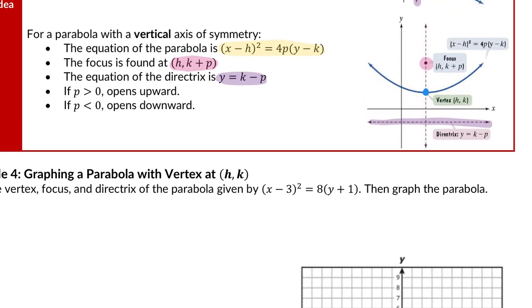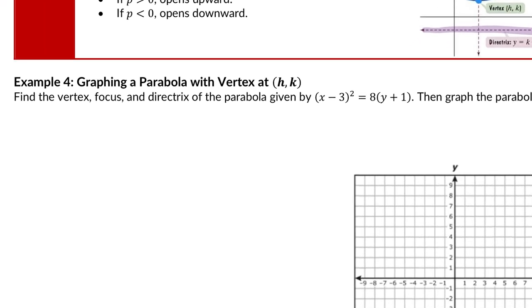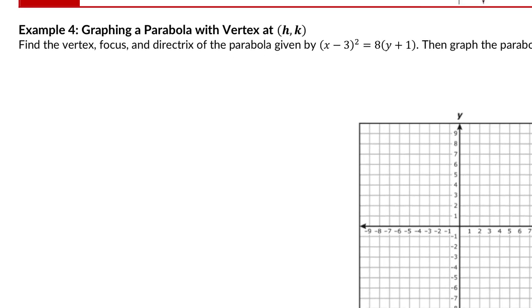Let's find the vertex, focus, and directrix for this parabola and then graph it. First things first, what kind of parabola are we going to have? Opens up or opens sideways? If we have x being squared, is that opening up and down or opening sideways? x being squared is kind of normal, right? y being by itself, so it's either going to be an up or a down.